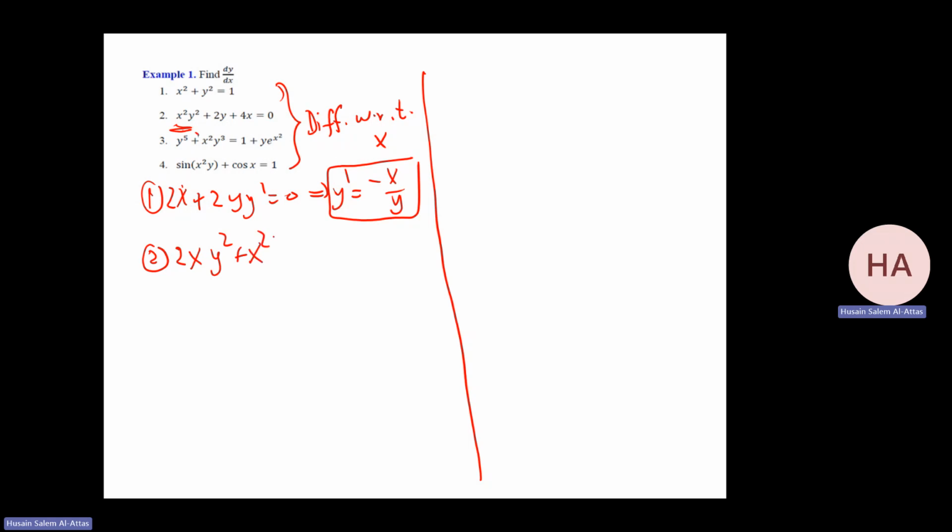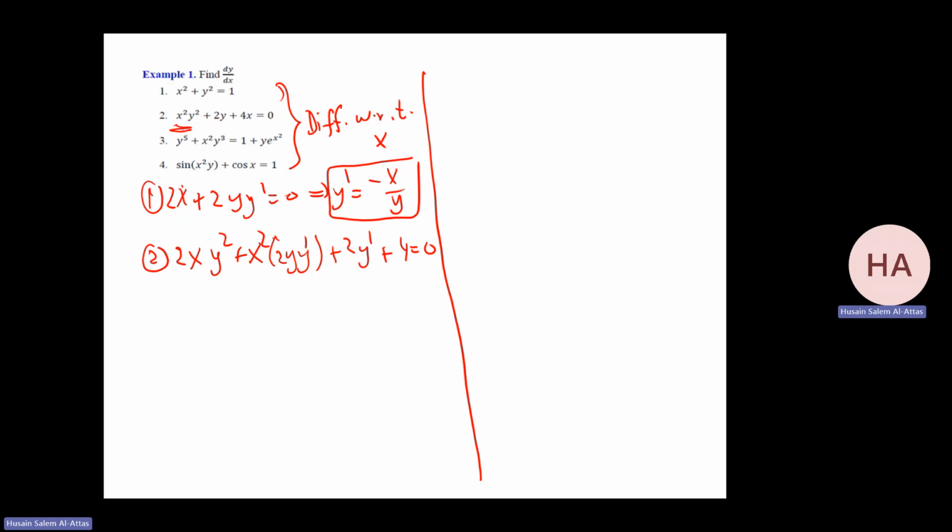What's the derivative of y squared? It will be 2y y prime, plus what's the derivative of 2y? 2y prime. Derivative of 4x, 4, that equals 0.